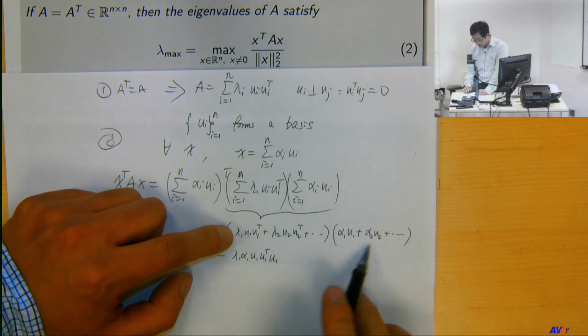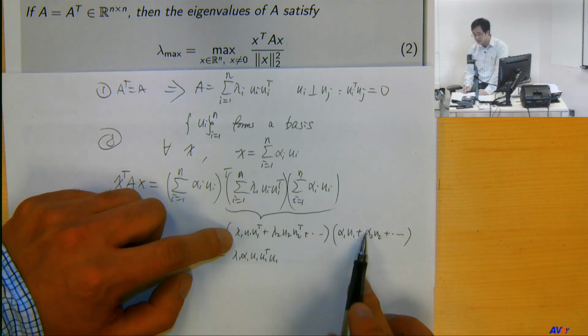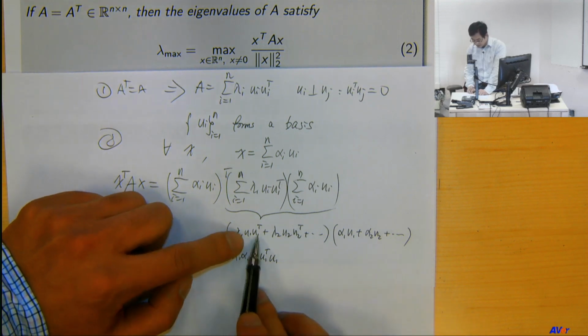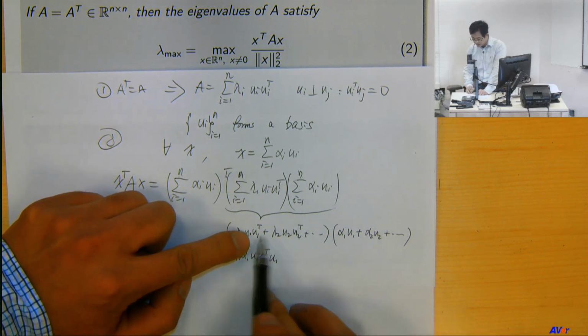Then the second would be this term multiplying this one here, and what would that be immediately? 0, because you get u1 transpose times u2, and they are orthogonal to each other.